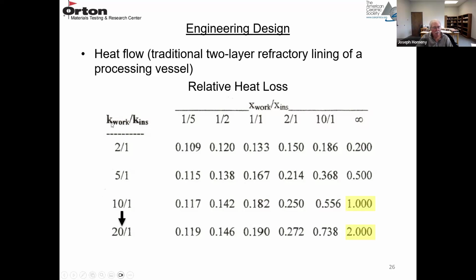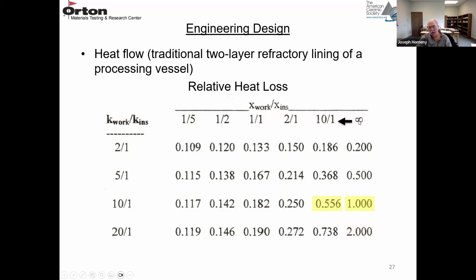If you go from a ratio of the working lining conductivity to the insulation lining conductivity of 10-to-1 to 20-to-1, so you put in a much higher conductivity working lining, you double this number. It goes from 1 to 2, going from a ratio of 10-to-1 to 20-to-1. So the heat loss is twice by doubling the working lining conductivity.